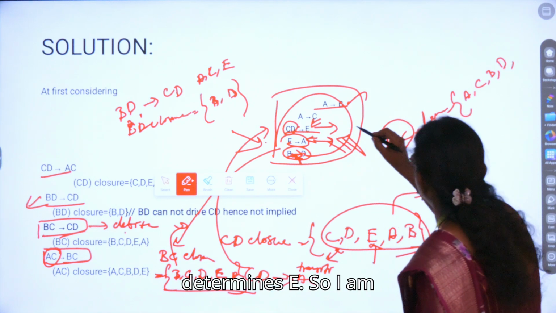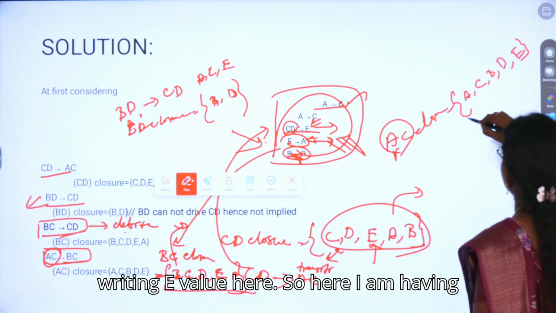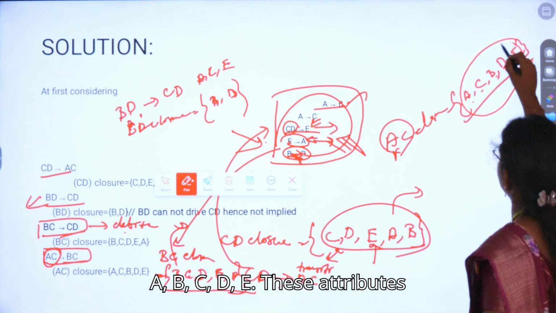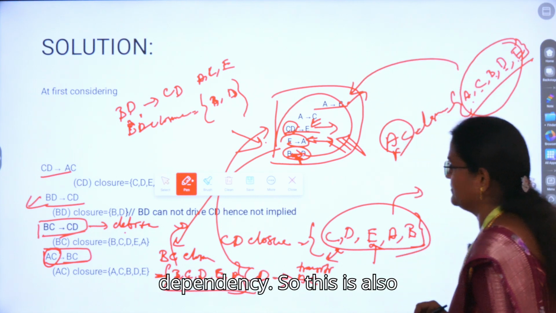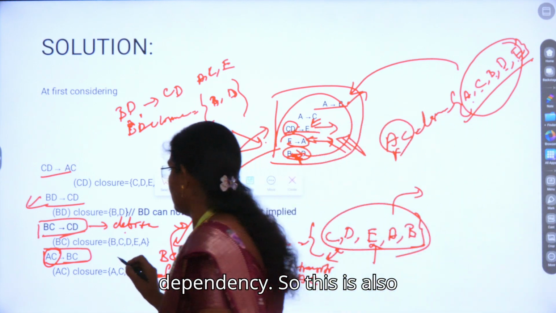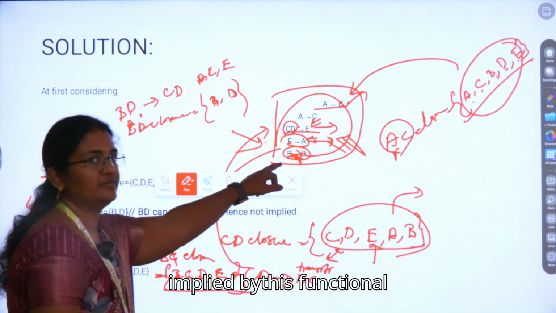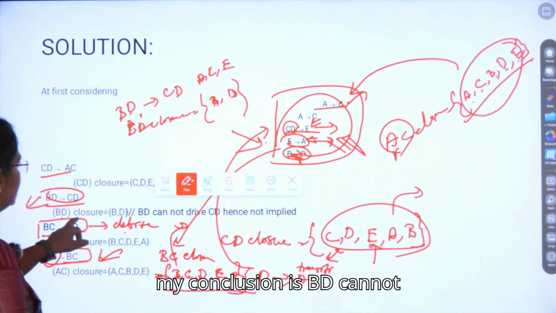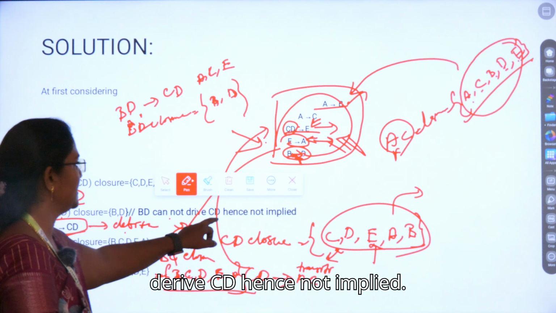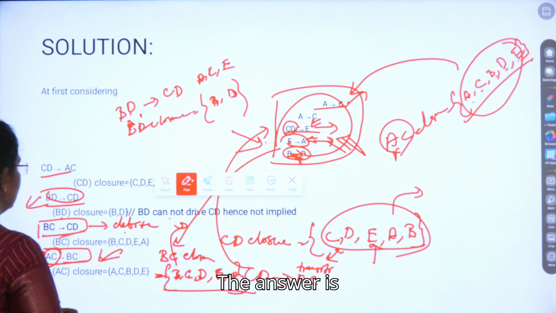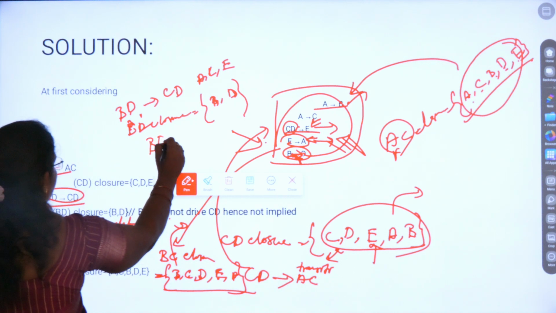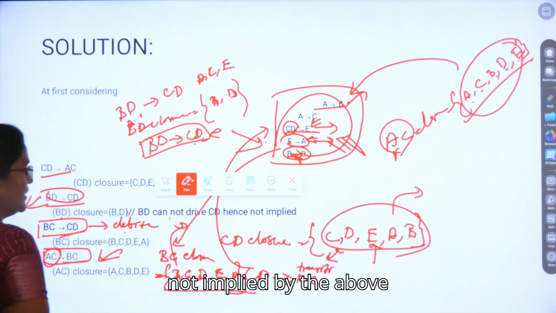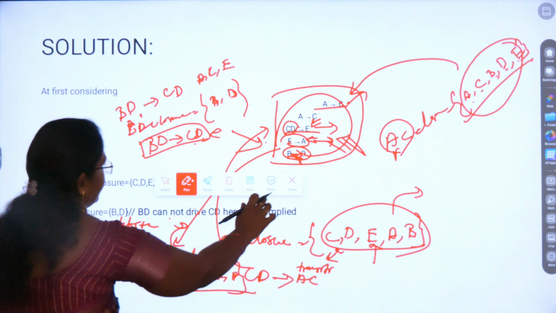C and D determine E, so I write E here. So here I have A, B, C, D, E. These attributes are present, so this is also implied by these functional dependencies. Okay, so my conclusion is BD cannot derive CD, hence not implied. The answer is BD determines CD is not implied by the above dependencies.